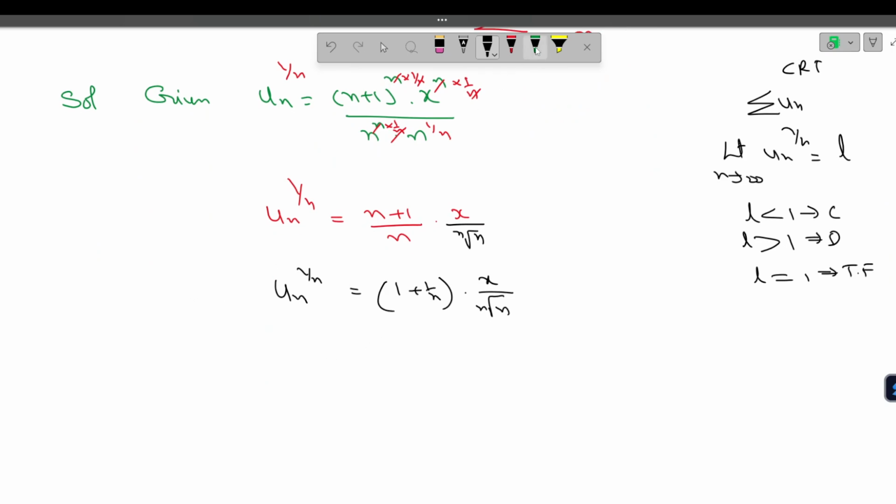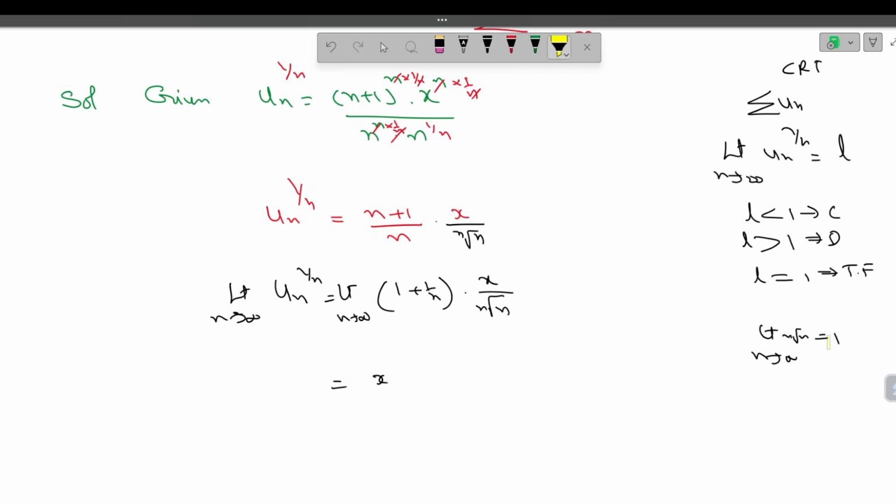So now applying the limit n tends to infinity. As n tends to infinity, 1 by n tends to 0, so this is 1. x times limit n tends to infinity of the nth root of n, which is 1.